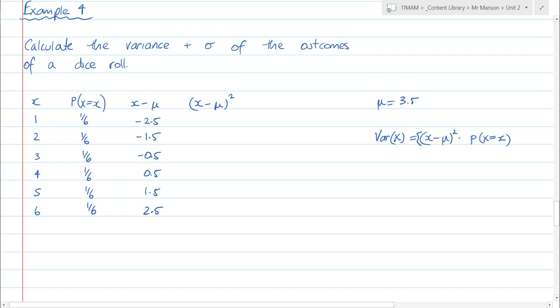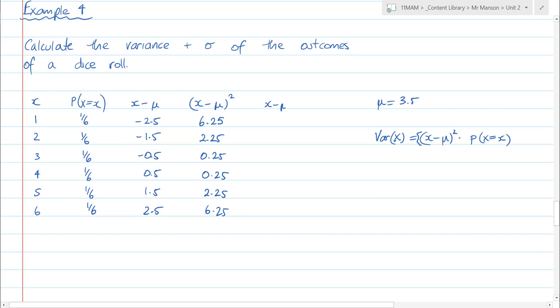And then I'm going to determine in my next column what (x minus mu) squared is equal to. I just square these, and hopefully you know that negative 2.5 squared is a positive 6.25, 2.25, 0.25, 0.25, 2.25, and 6.25. And then I multiply by the probability.